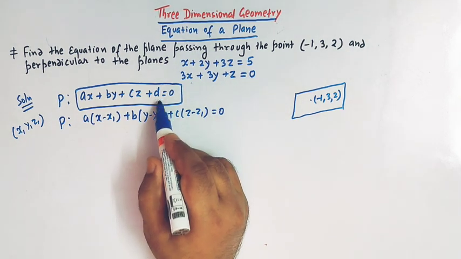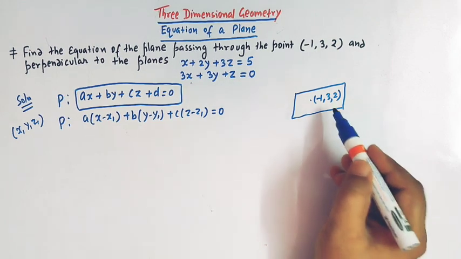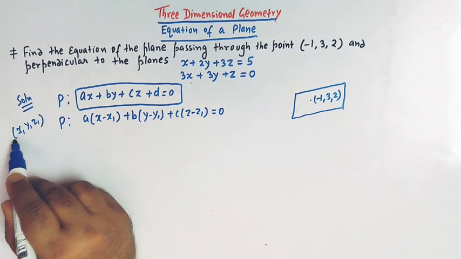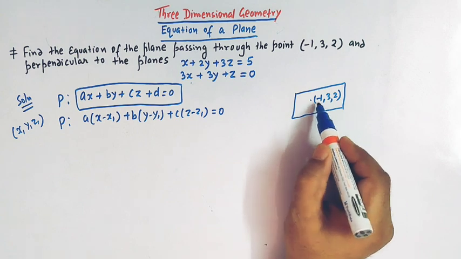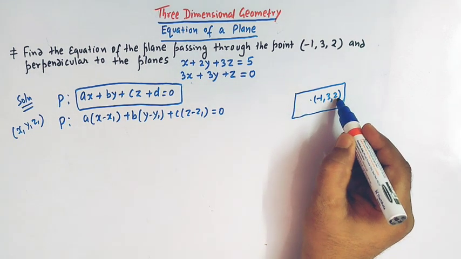This equation can be modified to this form when we are given a point on the plane, right? So this point is x1 y1 z1.